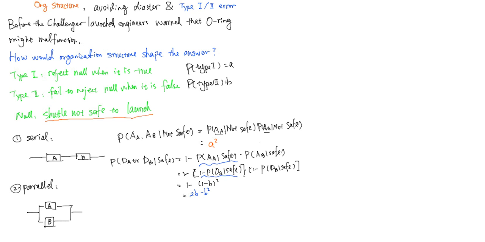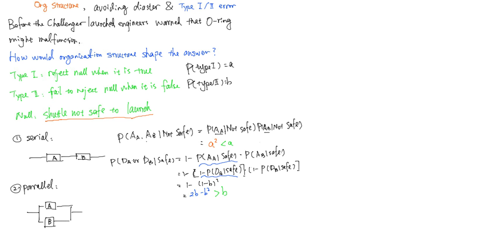We just plug in the numbers and get the value 2B minus B squared. It can be easily shown that A squared is smaller than A, and 2B minus B squared is larger than B. So that means the serial structure is less likely to make type 1 error and more likely to make type 2 error.